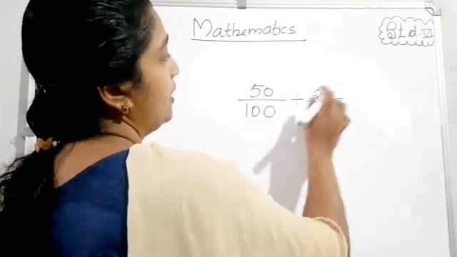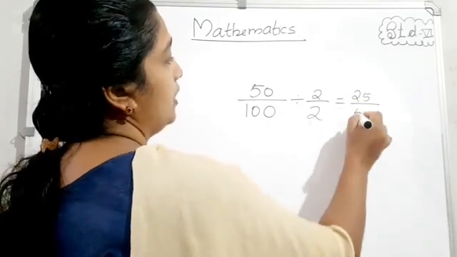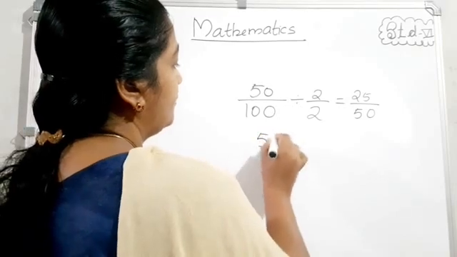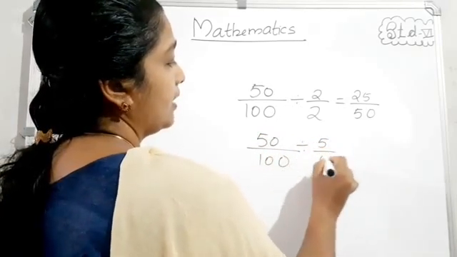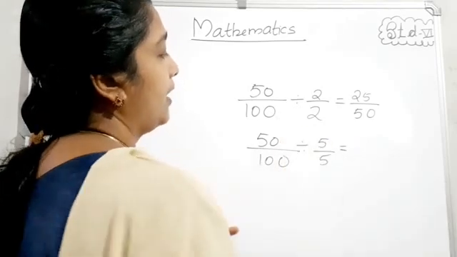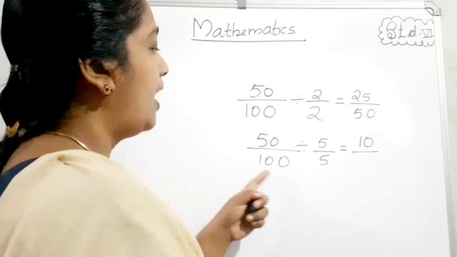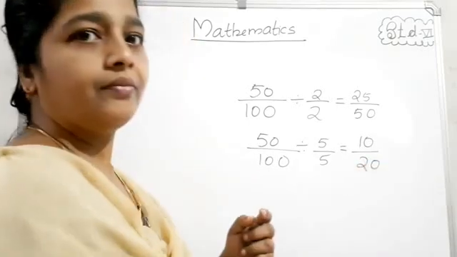That equals 50 by 2, 25, by 100 by 2, 50. Next, 50 by 100 by 5 by 5: 50 by 5 equals 10. Next, 100 by 5 equals 20.